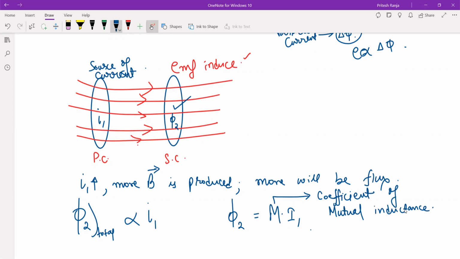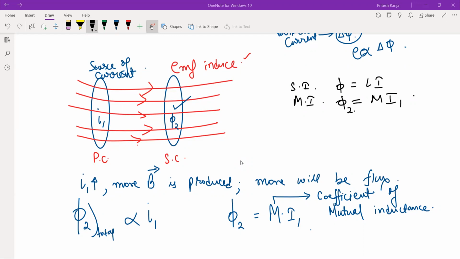So in general, whether we talk about self inductance or mutual inductance, we have the equation phi is equal to Li, or phi is equal to Mi. And it is to be noted, especially in mutual inductance, that flux in the secondary coil will be equal to M into I in the primary coil, right? Here also, as we can observe, the dimension of the coefficient of mutual inductance will be the same as the self inductance.